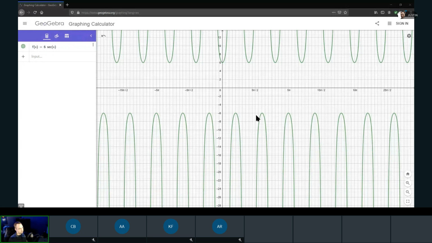No, it really doesn't. We went from 1 to a 6, so maybe on the graph it looks like it's getting shorter. But if it goes on forever, it technically doesn't get any taller or shorter. It's the amplitude that changes. But good point.